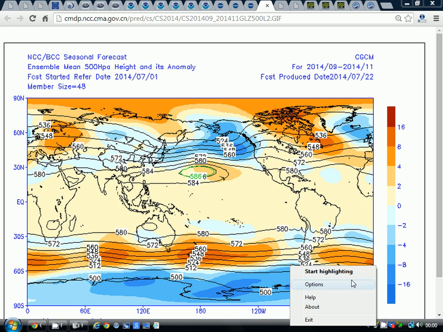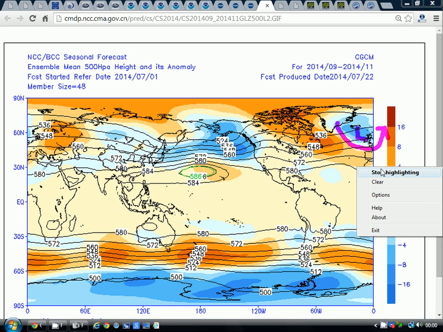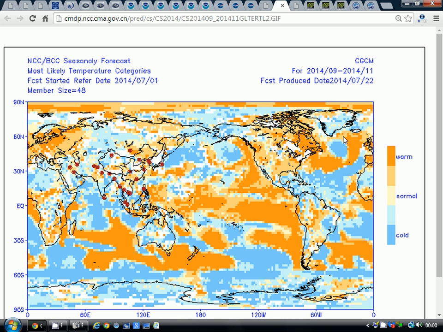We're looking at the 500 millibar height anomaly chart there, and it's similar to CFS actually. We've got this trough of low pressure out to the west, and the jet stream is running around that trough, something like that. So that is an unsettled signal, if ever there was one, for the autumn. It's similar to the CFS V2. The temperature forecast, there we are over here, is warmer than average temperatures for the autumn.